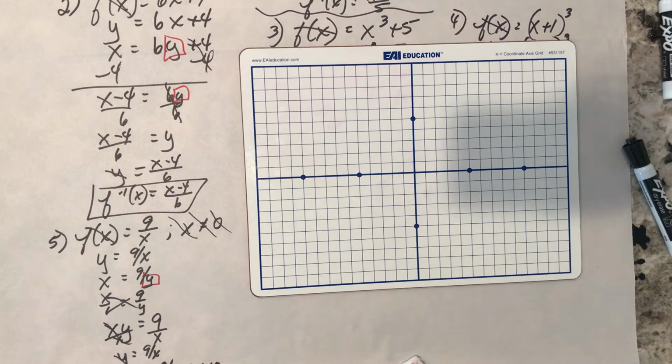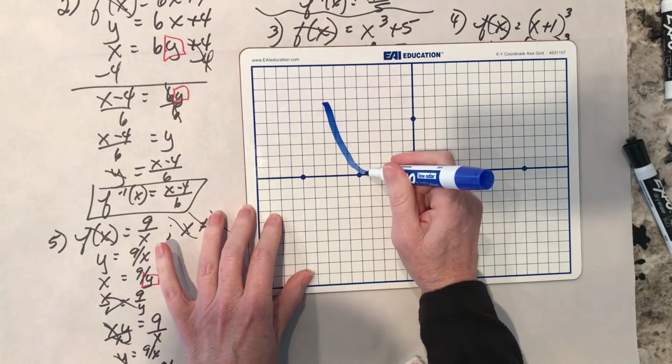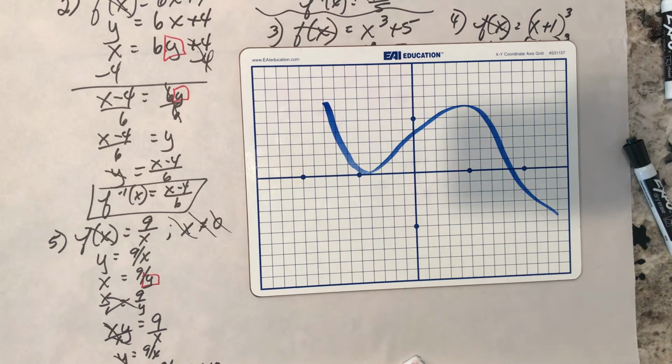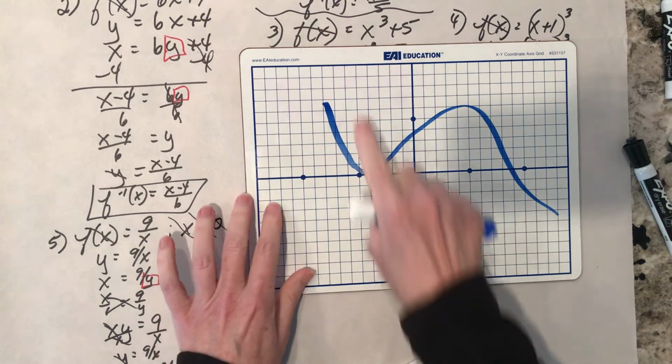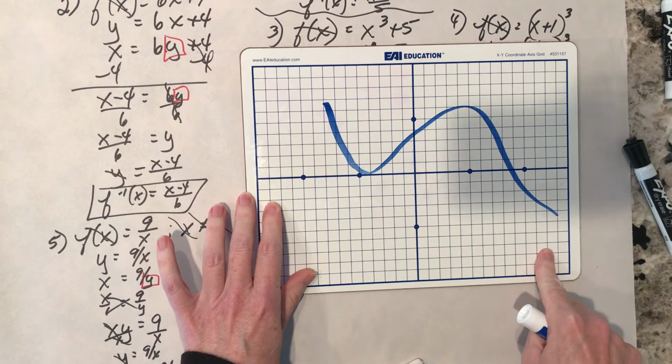Let's look at number 7. Let me get it somewhat drawn in here. Doing something, oh, that's way better. Doing something like that. So again, you've been told this is a function, so you know that it passes the vertical line test. You're asked, does it have an inverse?